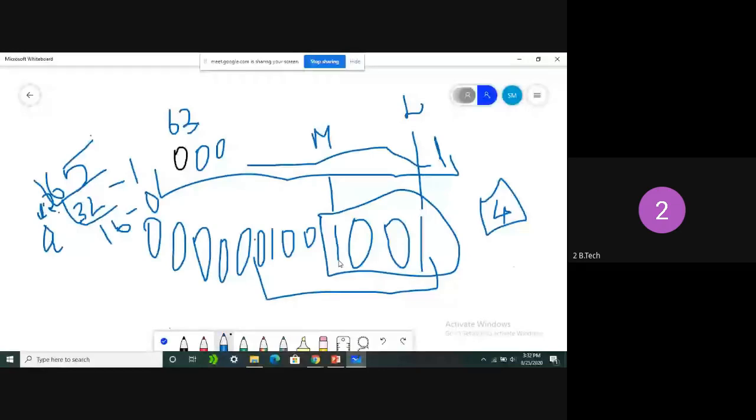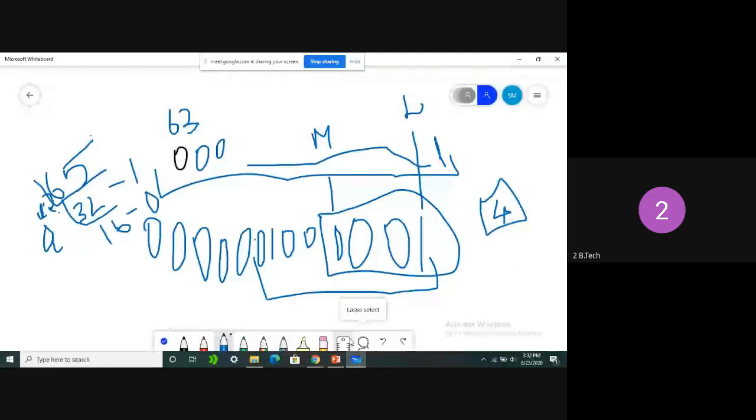If 0 is there in the MSB position, it is a positive value. If 1 is there in the MSB position, it is a negative value. This type of representation is nothing but sign magnitude representation. In the MSB position 1 means negative number, and 0 means positive value.